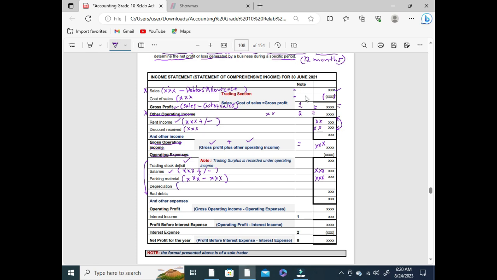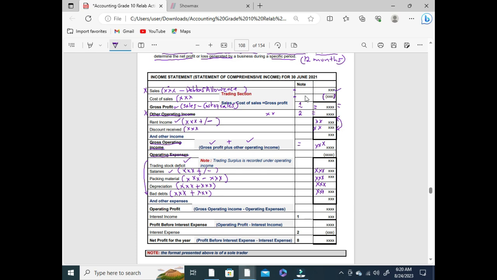As well as depreciation, since you know how to calculate depreciation using the diminishing balance method, as well as the cost price method. Then after calculating depreciation, you will record your depreciation. And then we have bad debts. We have been doing bad debts, guys, from our year-end debt adjustments, and then we record our bad debts.